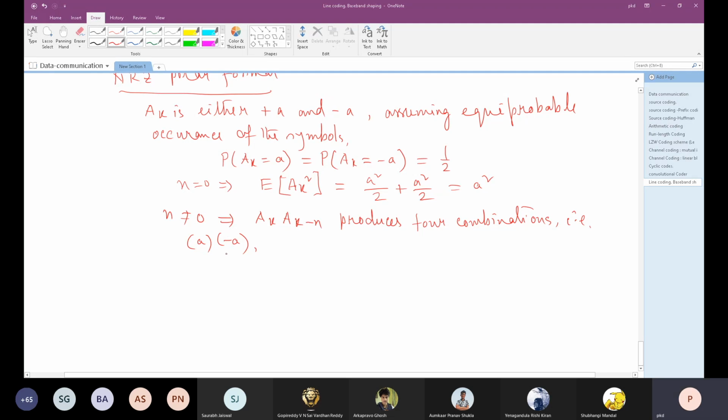If 0 is minus A and 1 is plus A, then these symbol occurrences are there.